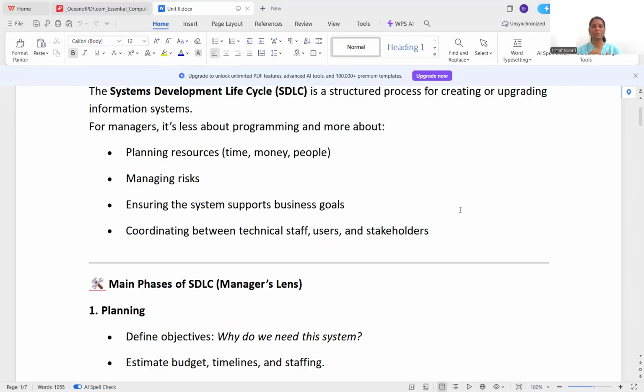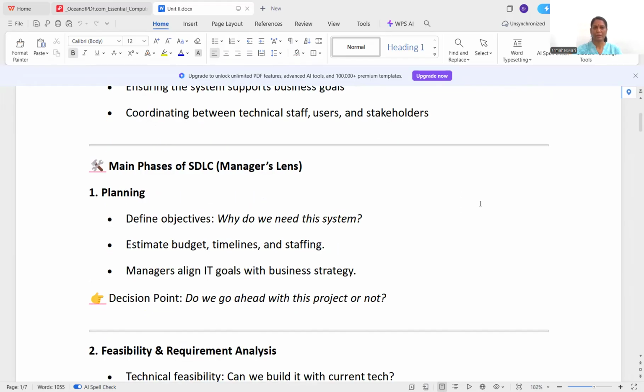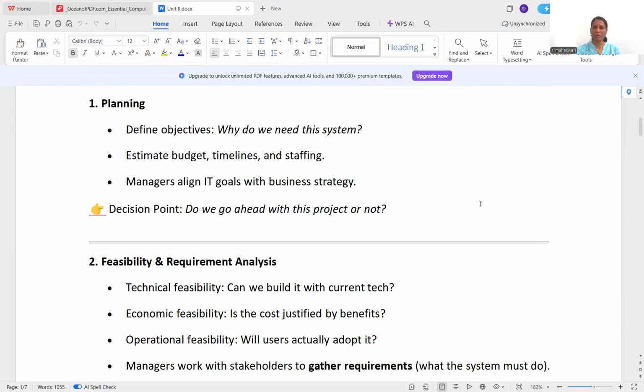Because the stakeholders will tell them what project they want, and they will say these are the requirements, and this is the budget. Within this budget and within this time, we need the project. So these are all given to them first. That is the main source of planning. Planning consists of, as I already told, budget, timing, and the staff.